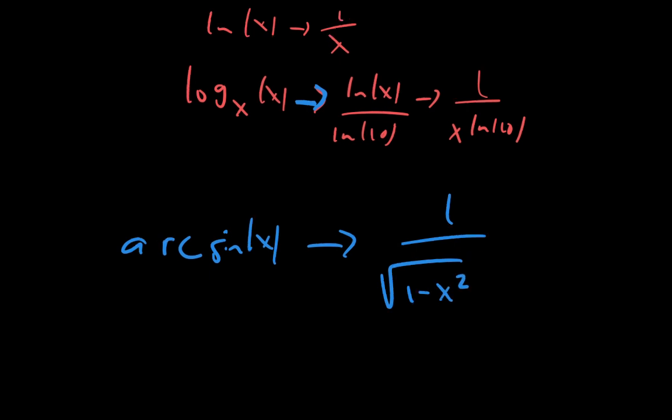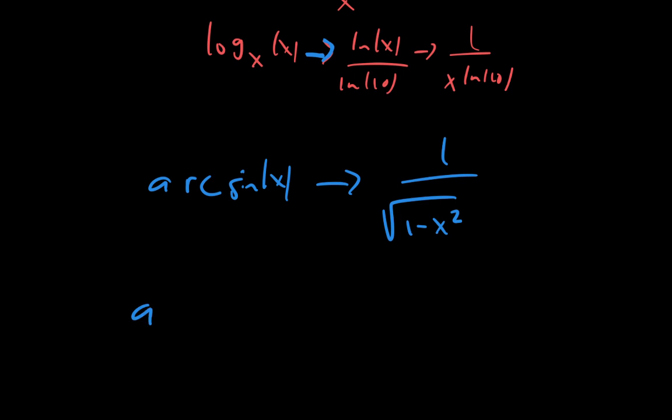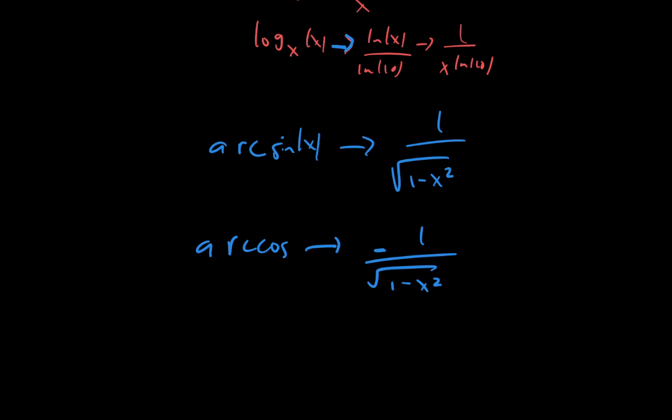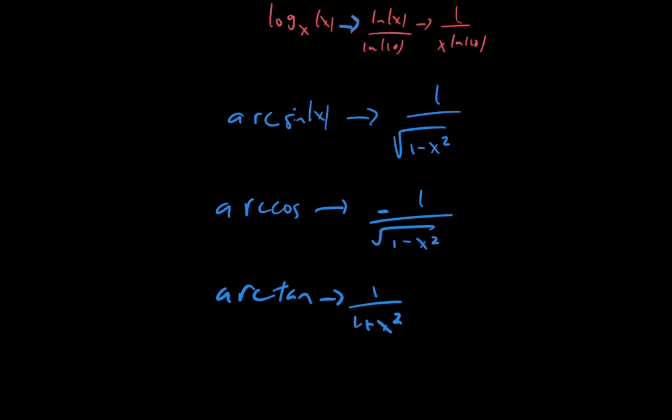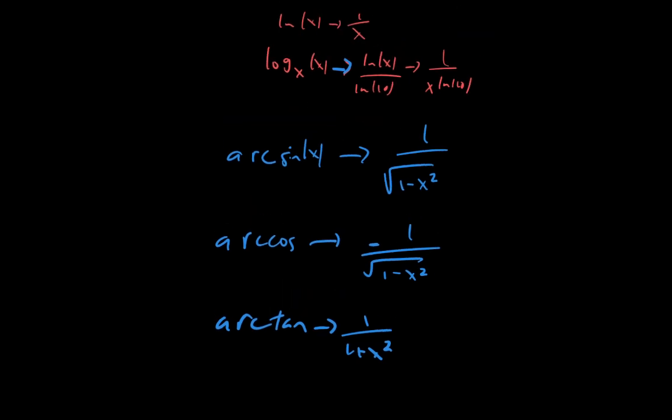And then there's the arc cosine, which is the negative of it, and arctan. These just give the slope of the tangent line at some certain point.